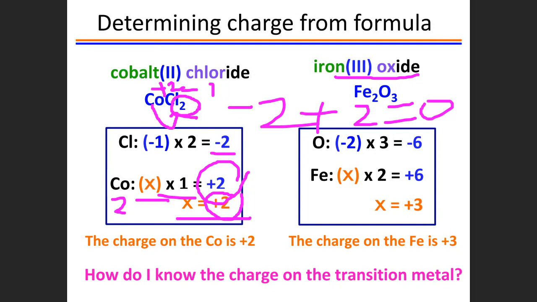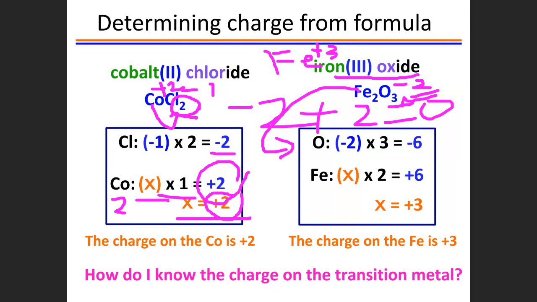Now if you look into ferric or iron 3 oxide, what do we have? We know the oxygen always has a negative 2 charge. So this 2 goes here, and this is iron 3. Iron 3 means iron loses 3 electrons. So this 3 goes here, crisscross.